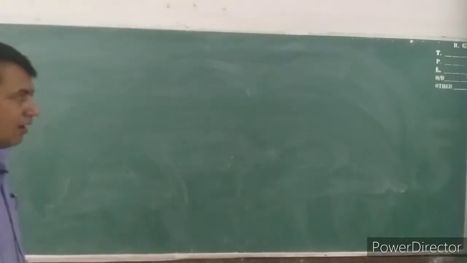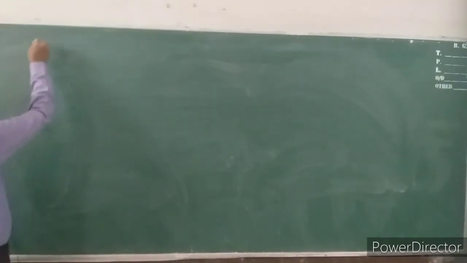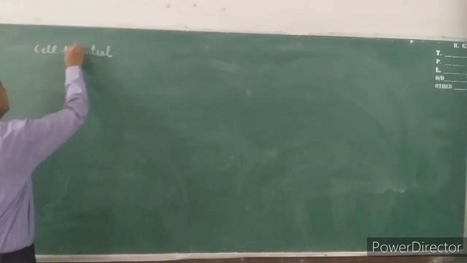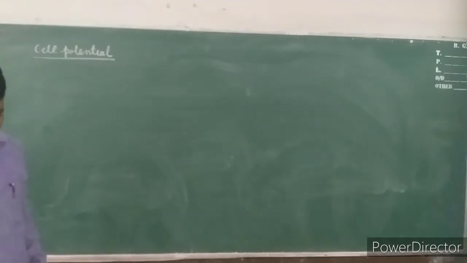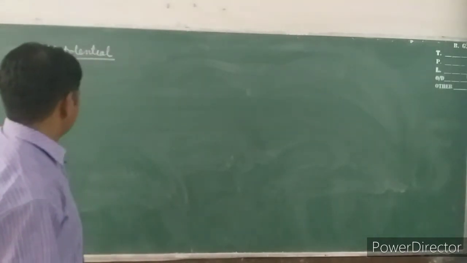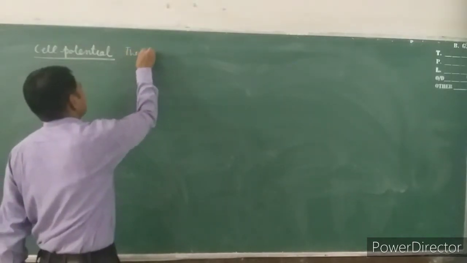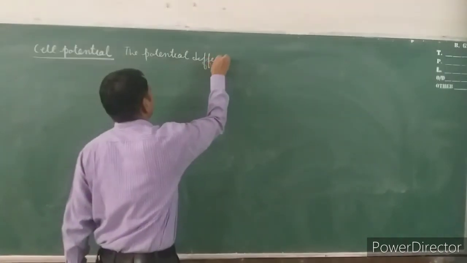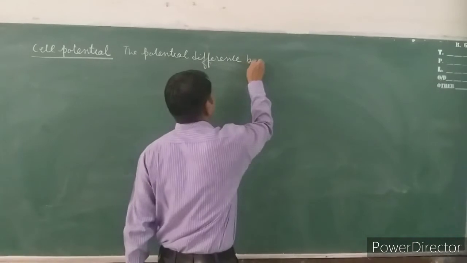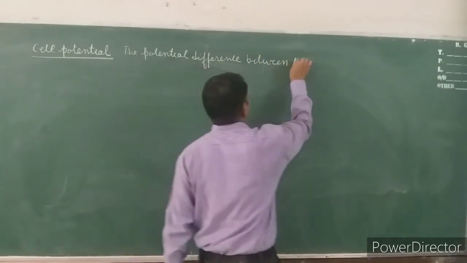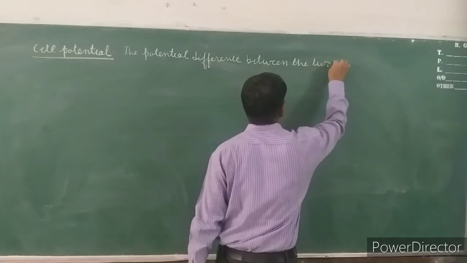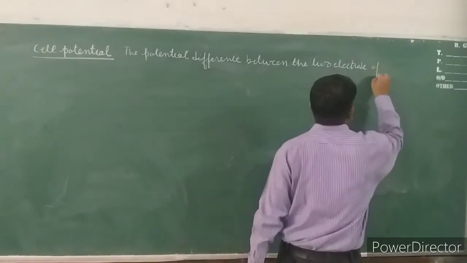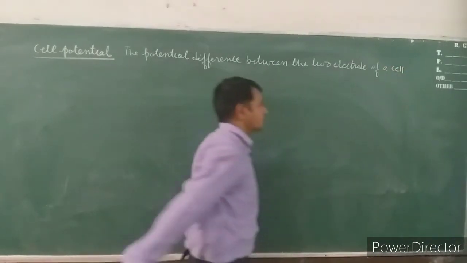Now, after standard electrode potential, the next thing is cell potential. Simple meaning, cell potential means the potential difference between the two electrodes of a cell, that is known as cell potential.